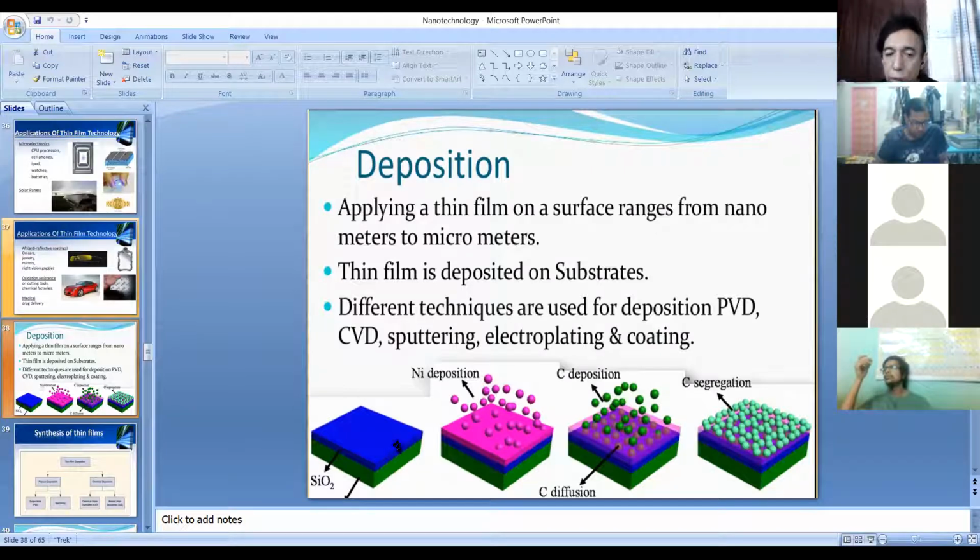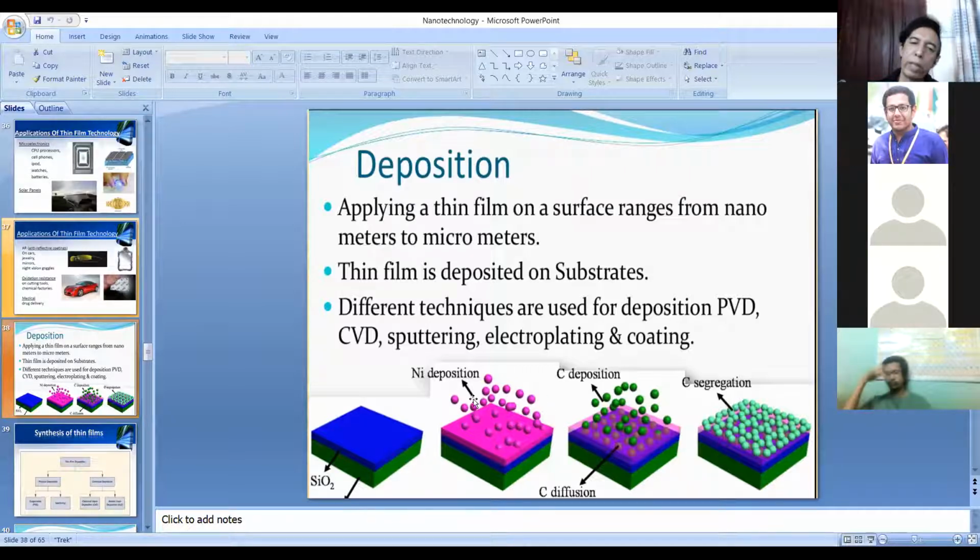The width of this film, I think it should be called the breadth, is in nanoscale, so it is called thin film. So on that thin film, you can again deposit nickel, another thin film, or you can deposit carbon on that again. So you can have a multi-layer of thin film on a substrate by deposition.